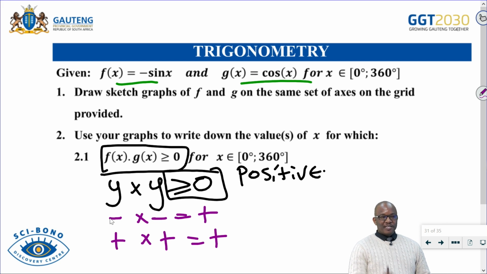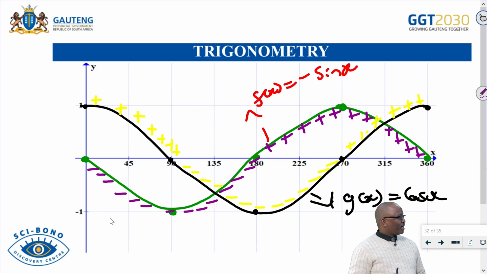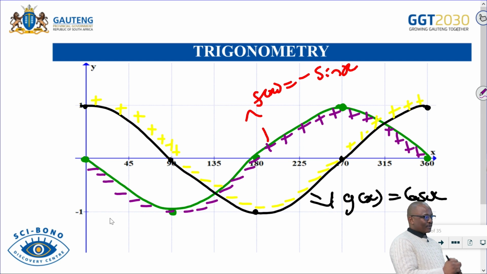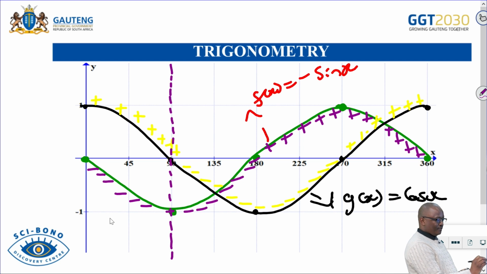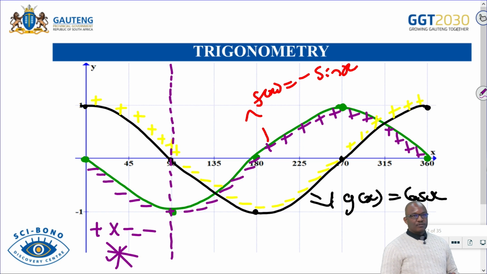Now, from the interval of 0 to 90, you have positive multiplied by negative, which is giving you negative. It means that interval is out.